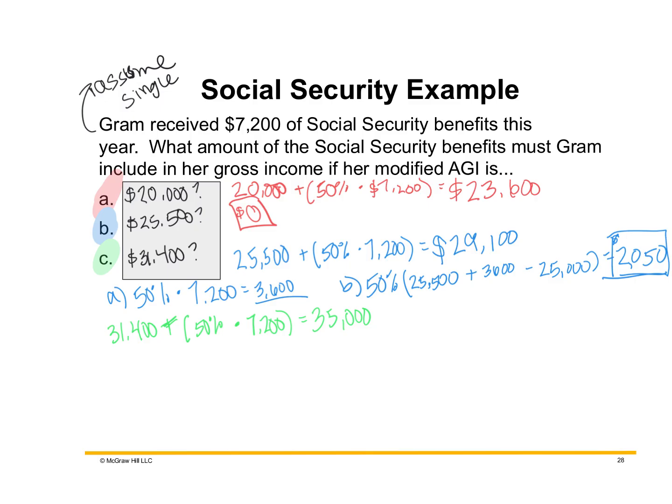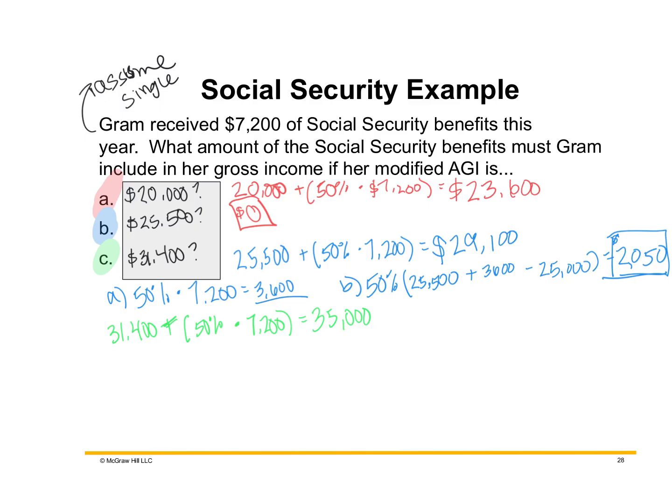So option 3, the taxable Social Security benefits are the lesser of A, 85% of Social Security benefits, or B, 85% of, in parentheses, modified AGI plus 50% of Social Security benefits minus $34,000, because that's our bound, plus the lesser of $4,500 or 50% of the Social Security benefits.